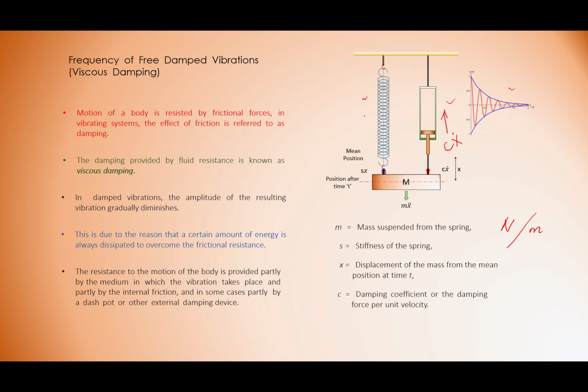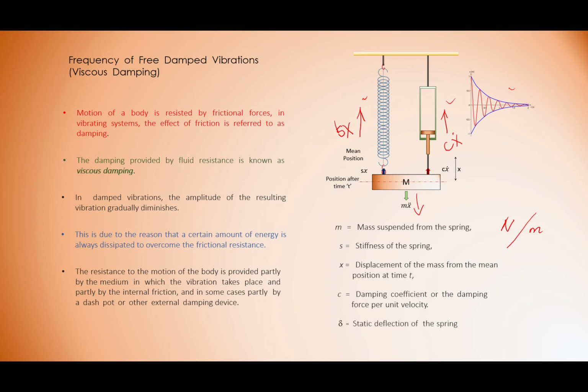And for the spring you also have a restoring force acting upwards, given as the spring stiffness S multiplied by the extension of the spring, or the displacement of the mass. And for the mass M, you will have an inertial force, the mass multiplied by the acceleration.